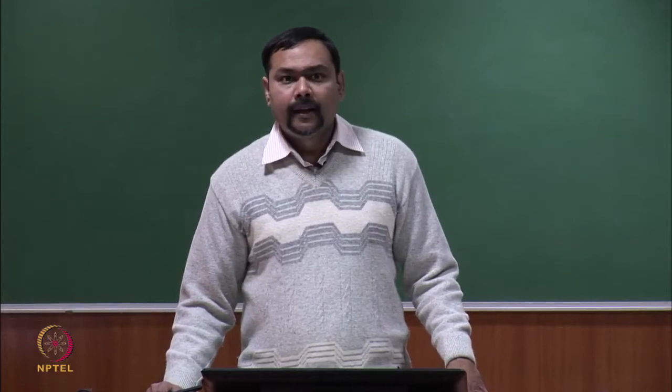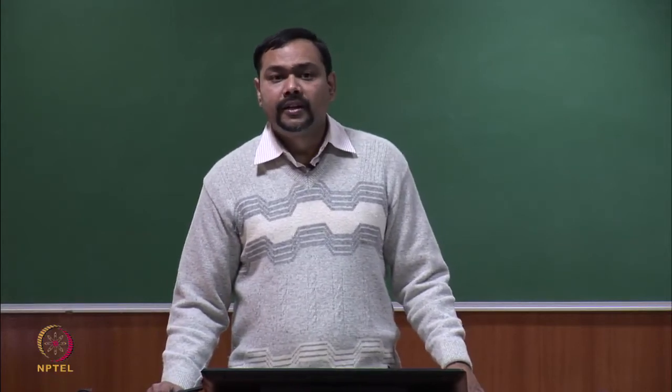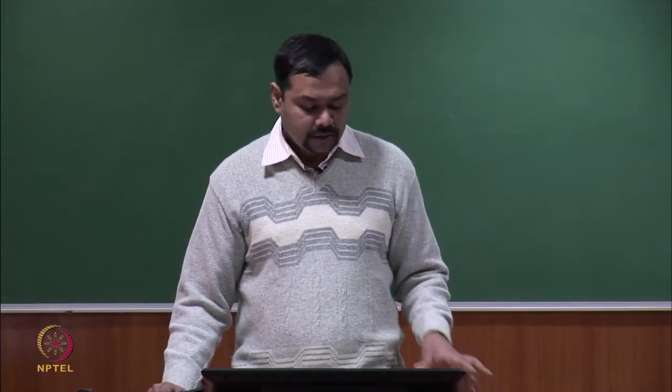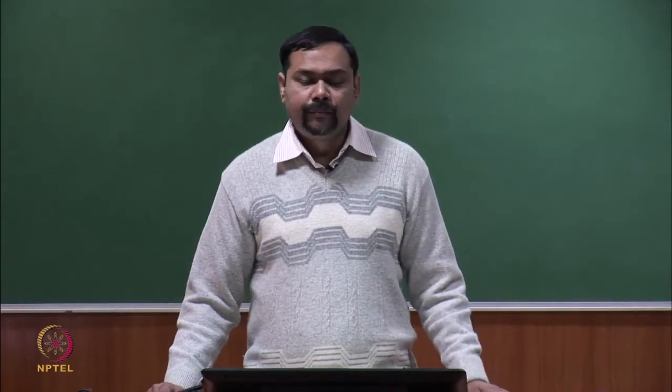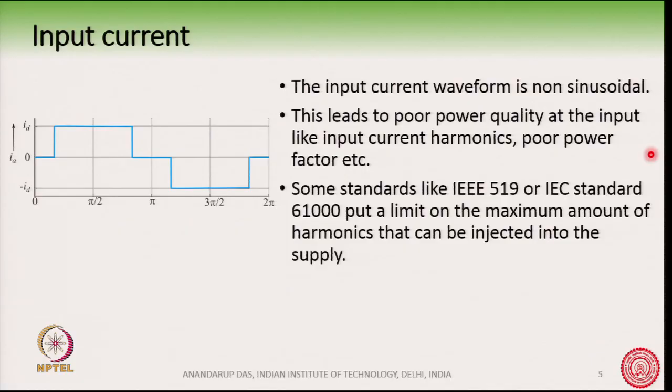So, we need to devise some strategy to improve the input current quality, or reduce the harmonics in the input current. This is what we will study here. We can use multipulse rectifiers to improve the quality of the input current.